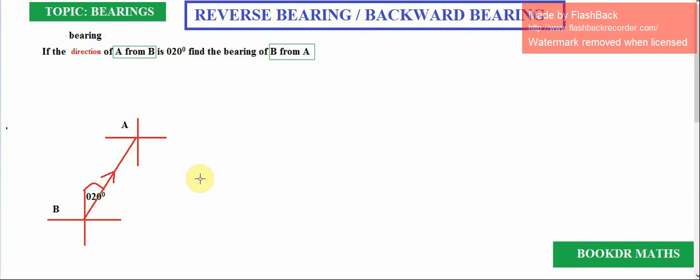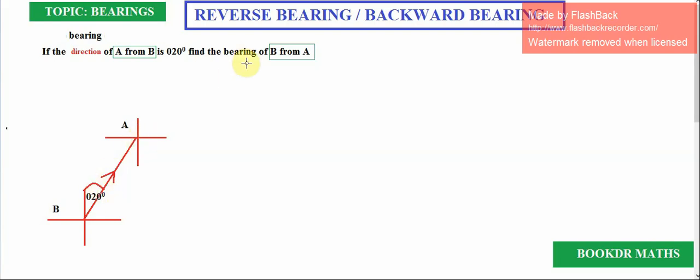So this is the diagram representing a bearing of A from B. That is 20 degrees. It means that at B, I have to turn 20 degrees in the clockwise direction, then I walk to take me to A.